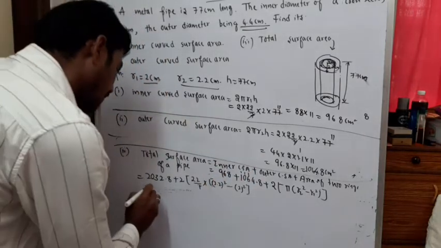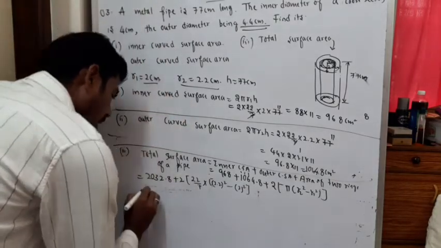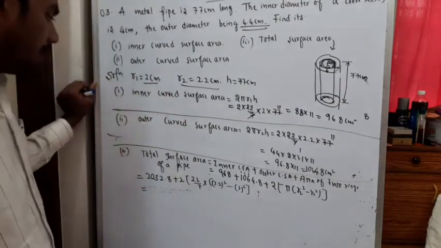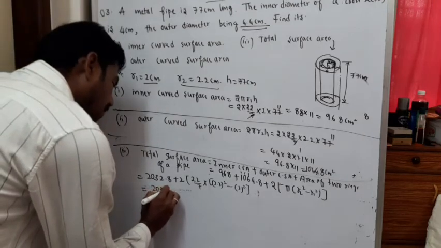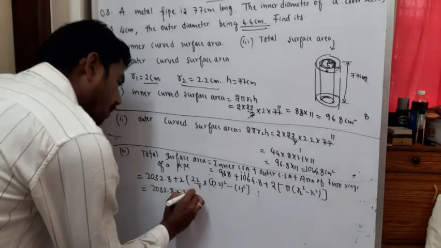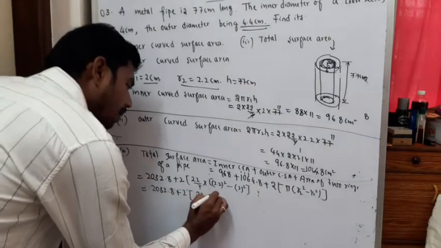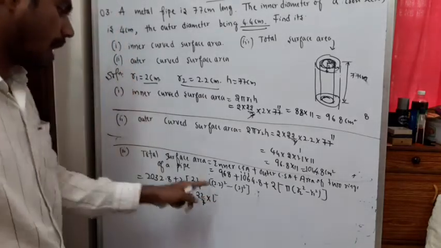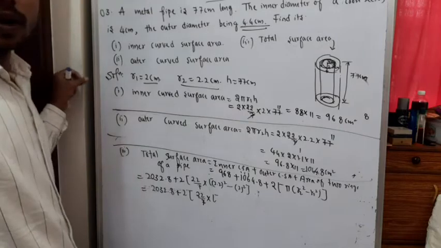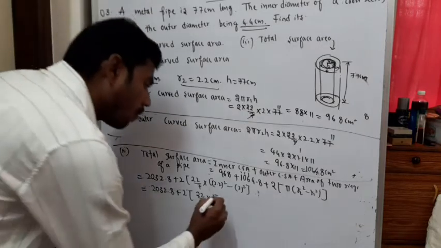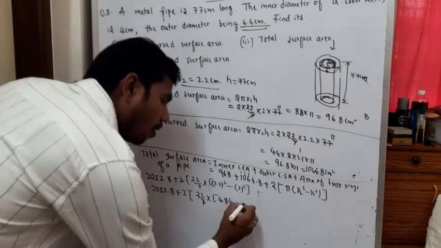Okay, so I'll continue here, 2032.8 as it is I'll write, plus 2 into 22/7 into 2.2 whole square is nothing but 22 square is nothing but 484, that is 4.84. 2 square is nothing but 4.